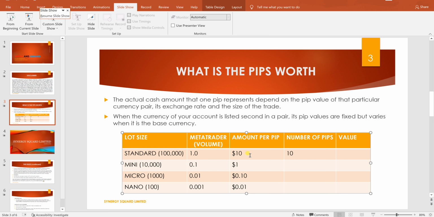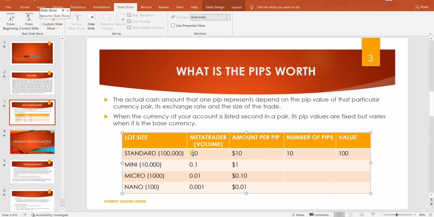Now if we make 10 pips in our trade, what should it give us? Then the value would be $100, which simply means the amount per pip, which is 10, times the 10 pips we made gives $100.